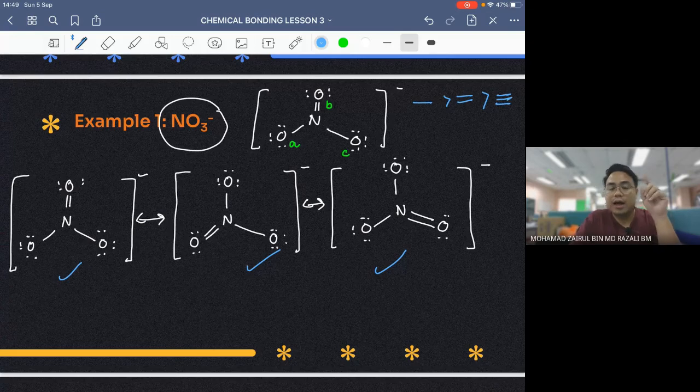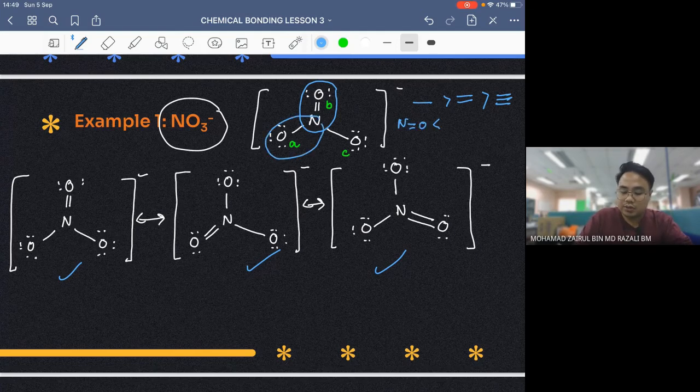So kalaulah NO3 minus ini hanya ada satu je Lewis structure, hanya satu, kita boleh expect bond antara nitrogen dengan oksigen B ini lagi pendek daripada bond antara nitrogen dengan single bond oksigen dari A. Tapi kalau kita buat eksperimen, kita tengok bond dia, tak kisahlah dia antara nitrogen dengan oksigen mana, bond dia sama.